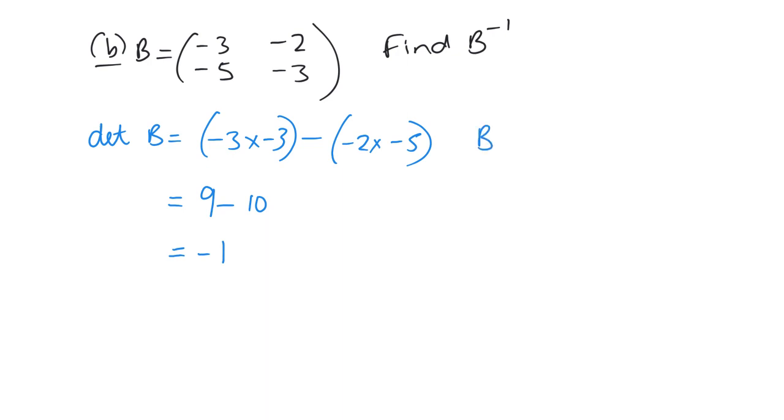So the inverse then of B is going to be 1 over minus 1. And then we'll change around our minus 3 and our minus 3, now the same. So it just stays minus 3, minus 3. And we'll change the signs of the 2 and the 5. The minus 2 and the minus 5 will become a 2 and 5. Now we've got 1 over minus 1. So that's just minus 1.